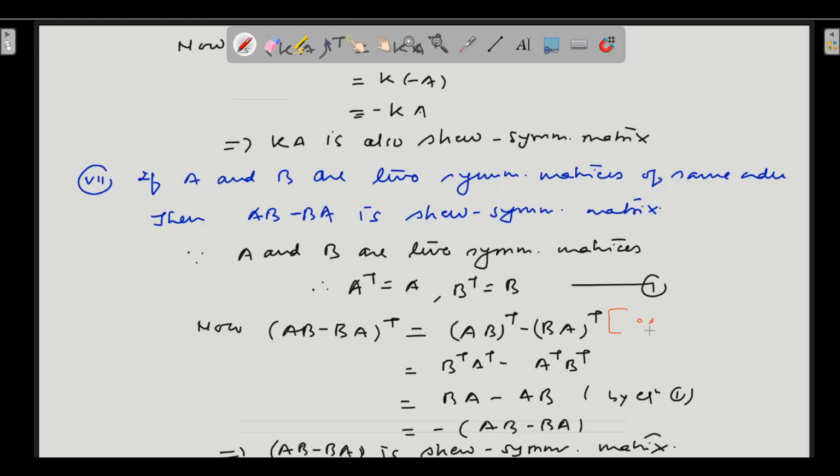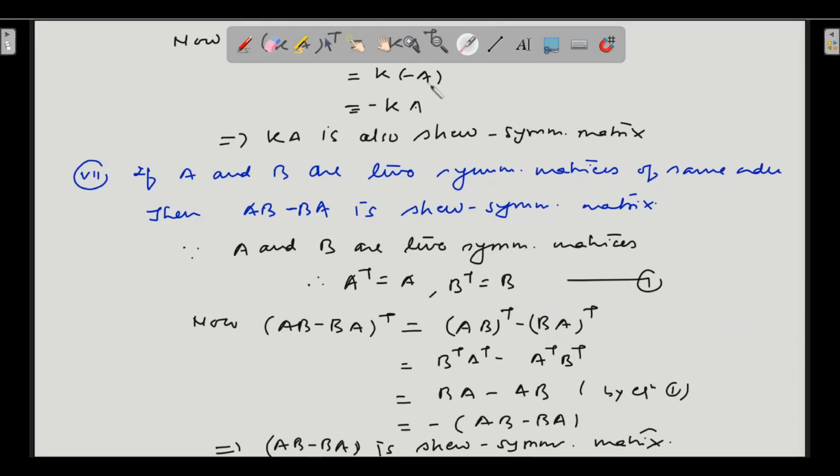This is from the property that A minus B complete transpose is equal to A transpose minus B transpose. By this property we will expand this.